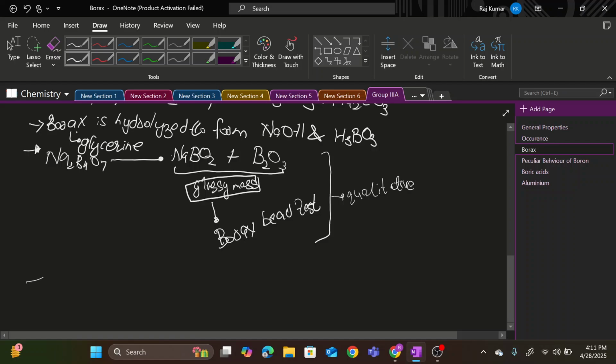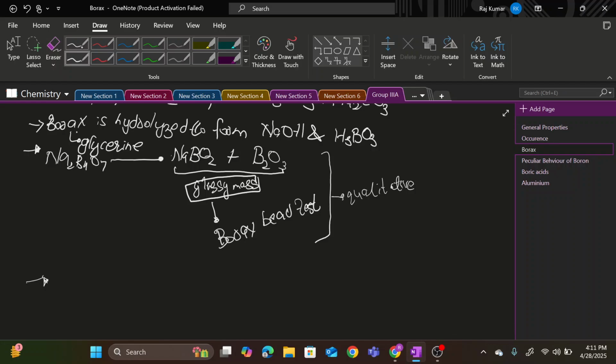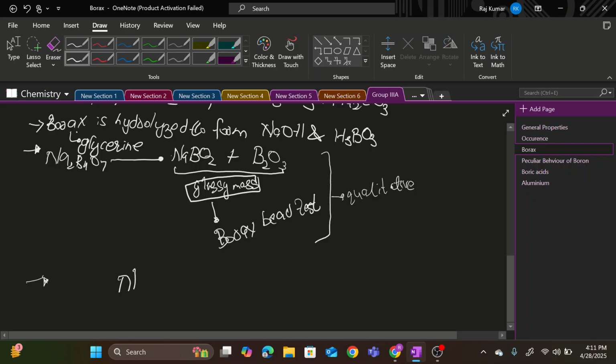Now, there's another important point. Borax is not hydrolyzed, but it would be better to say it is ionized. When borax is ionized, it forms sodium ions and borate ions.